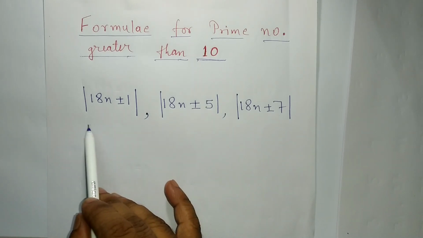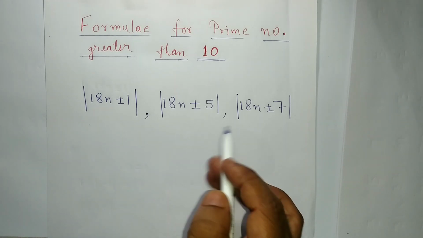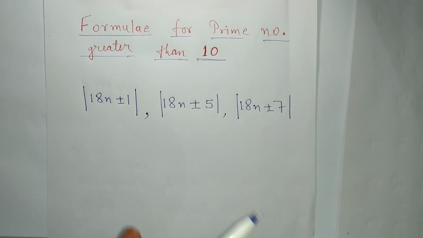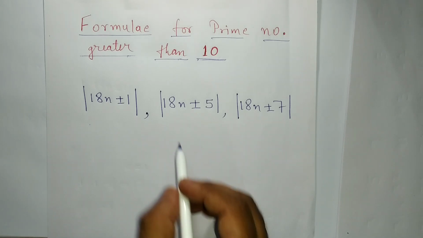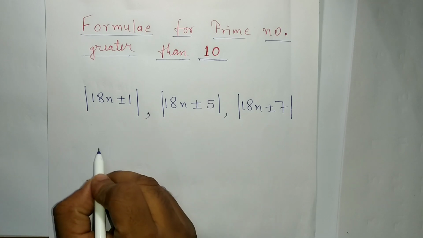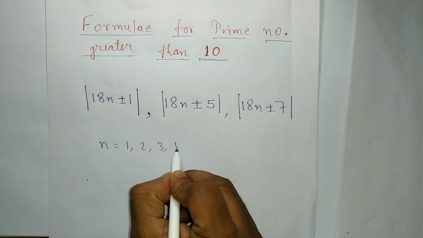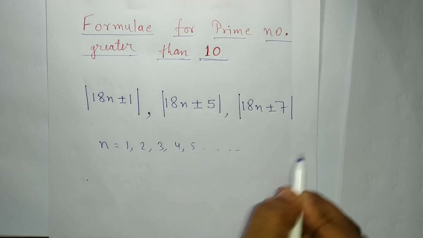Through this formula the chance of a composite number as an outcome is very low and the chance of a prime number is very high. Let's see, where n equals natural numbers 1, 2, 3, 4, 5, etc.